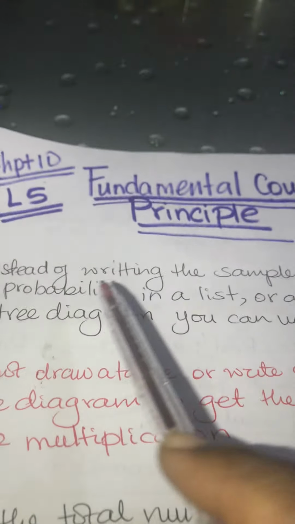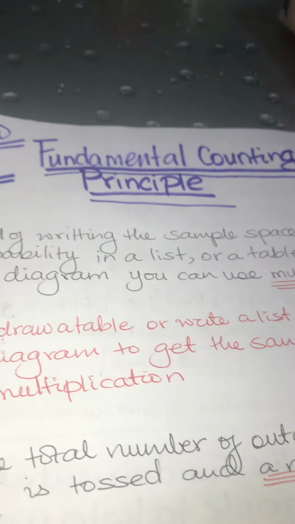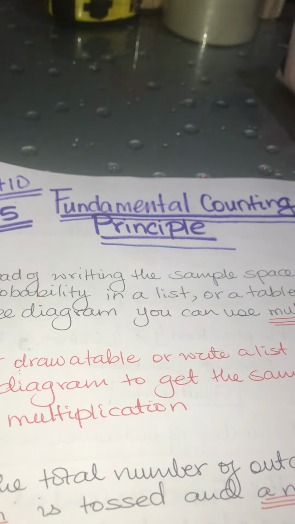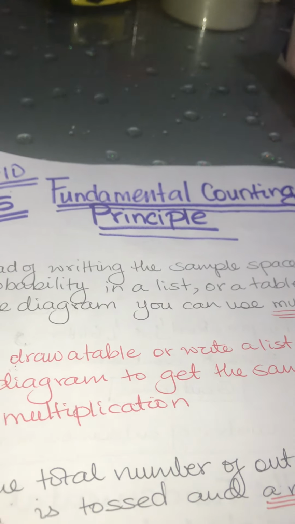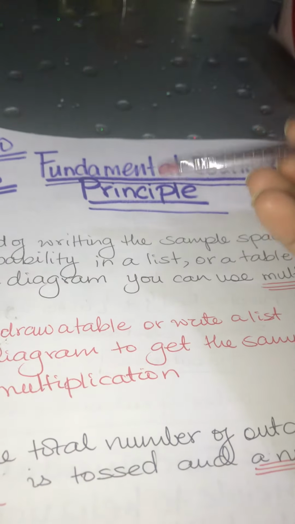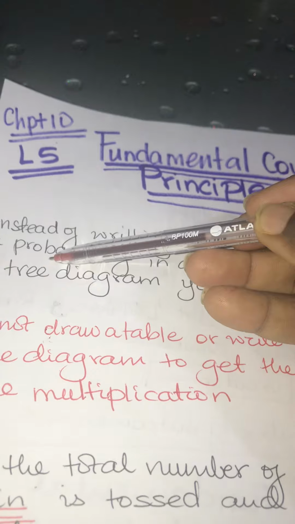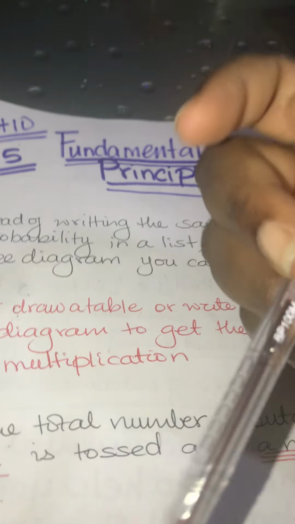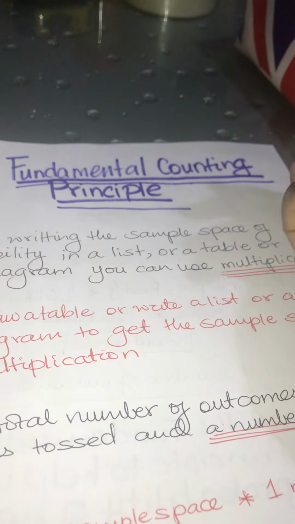So remember I said when you wanted to find the outcomes, you needed to know the sample space. After you know the sample space, then you arrange your sample space in a table or a list or a tree diagram. So here we are saying you don't have that time to do a table, a tree, or a list.